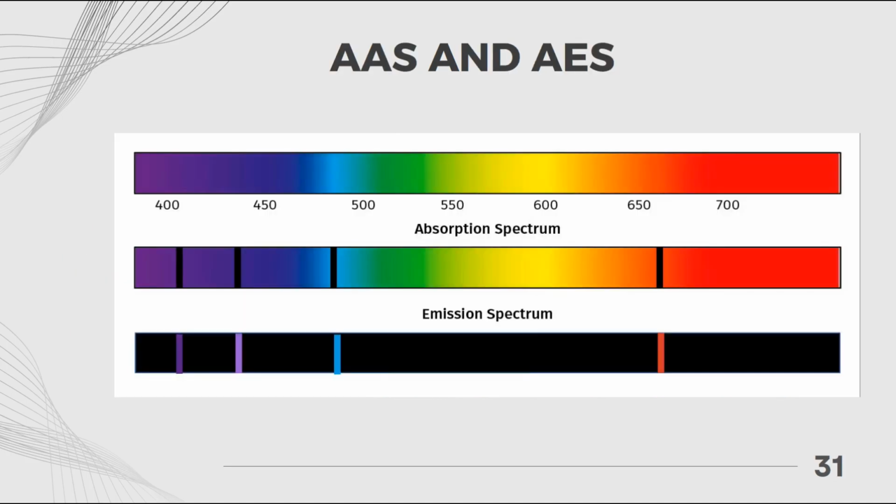So, comparison of AAS and AES. They are characterized by absolutely the same lines. It's just because when we are talking about the same element, which is hydrogen here, it absorbs and emits the same lines, the same wavelength of radiation. Why?